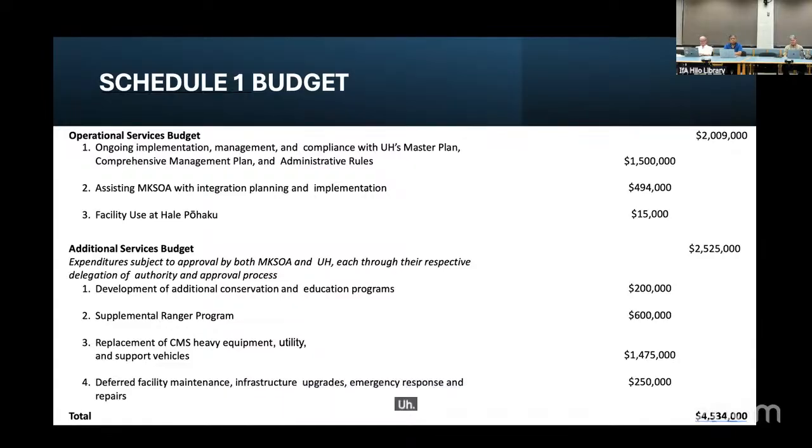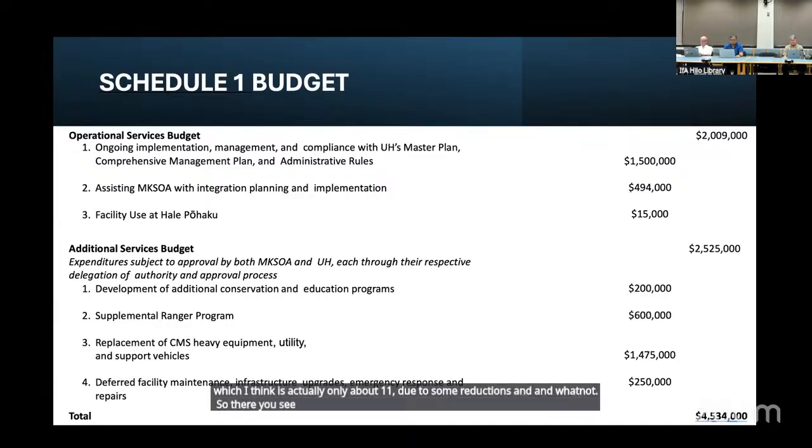So the total MKSOA commitment is about $4.5 million out of their $14 million allocation, which I think is actually only about $11 million due to some reductions and whatnot. So there you see how the monies would be used.